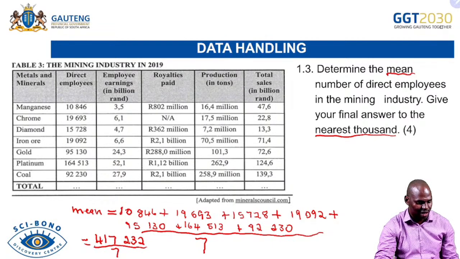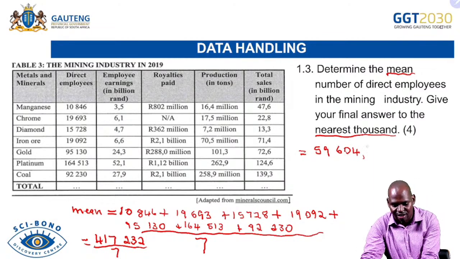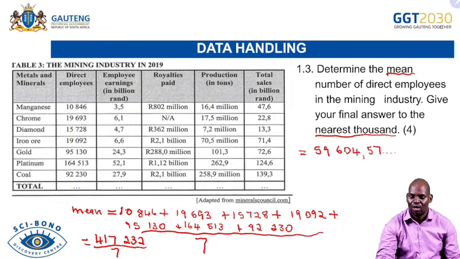Then when I divide it by 7, I get 59,000. So 59,000, I'm going to write it there, 59,604, 57 and so on.